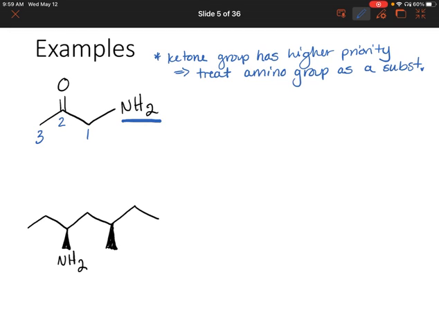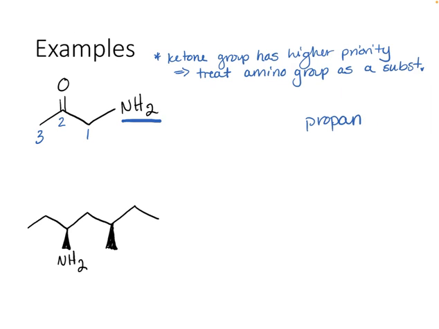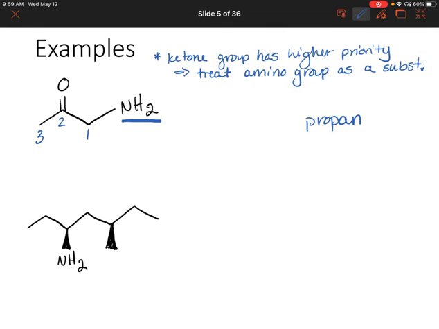All right, so now that means our longest carbon chain is propane, but I'm going to drop the E, and I want to indicate that we have a ketone as our main functional group. So what ending should I put on there? Well, if you have a ketone, you're going to end your name in -one, O-N-E.